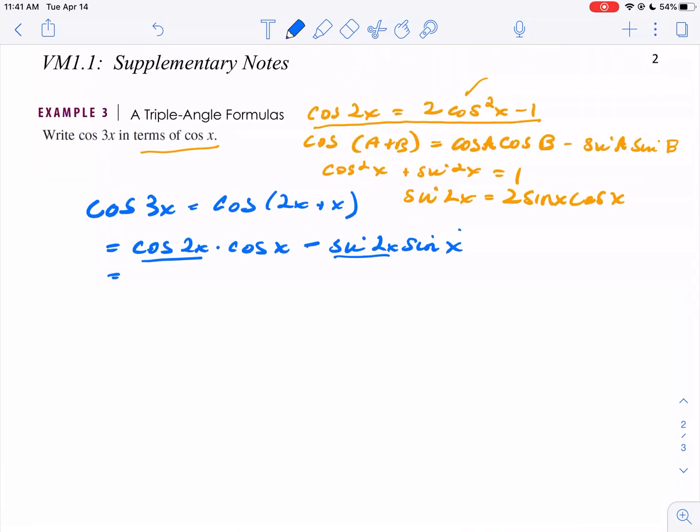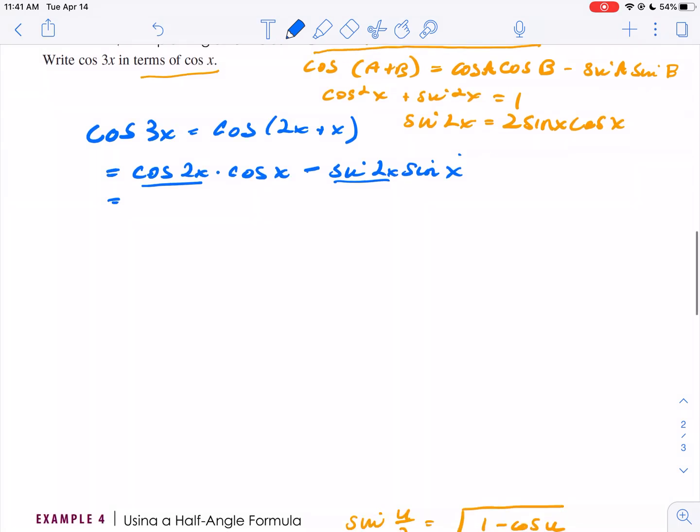All right, so I'm going to replace the cosine of 2x with this expression up here, 2 times cosine squared x minus 1. So that's 2 times the cosine squared x minus 1, multiplied times the cosine of x, minus, now I'm going to replace the sine of 2x with 2 times the sine of x times the cosine of x, and then that's times the sine of x again.